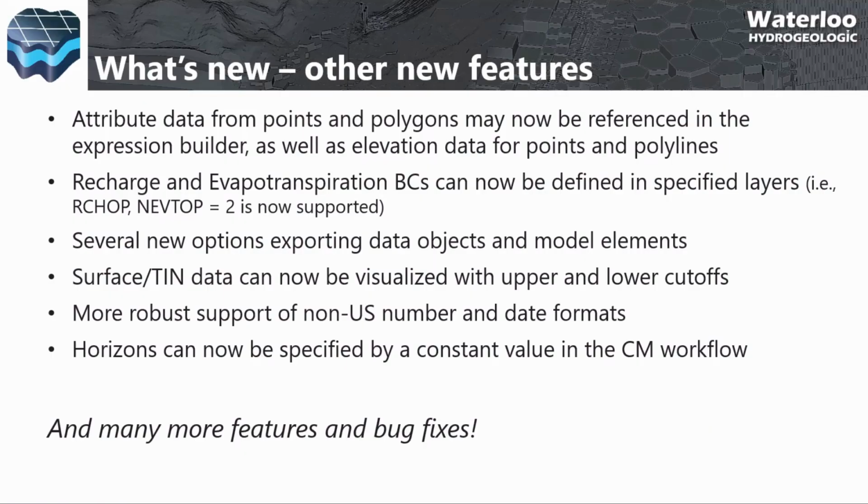Flex is now more robust when importing or otherwise dealing with data that's in non-American number and date formats. That said, we still strongly recommend using US settings for the smallest chance of encountering issues. Horizons can now be specified directly using a constant elevation value rather than always requiring an imported surface. And there's several more features in the laundry list of bug fixes that I won't be able to talk about for time. If you'd like to see the full list, check out the Flex 11 release blog post on waterloohydrogeologic.com.